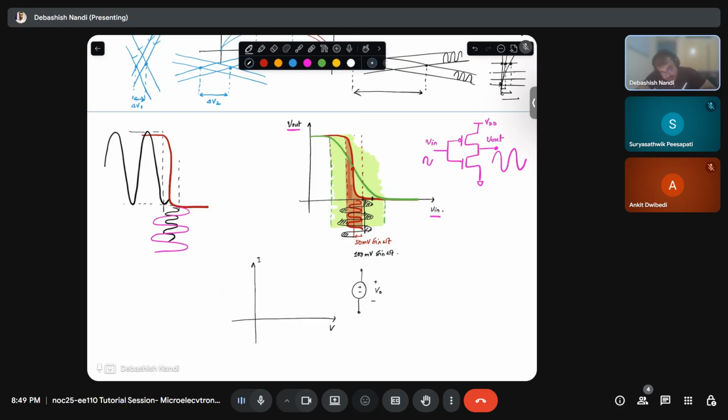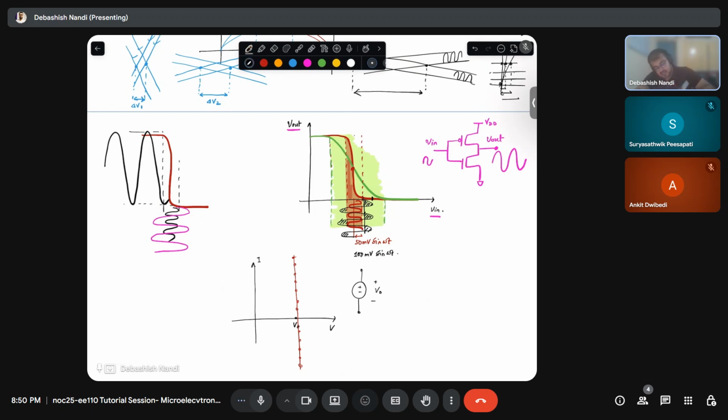That means current can be any value. So if you plot the trajectory in the IV characteristics, it will be a straight line with a slope of infinity. This is what a voltage source means.